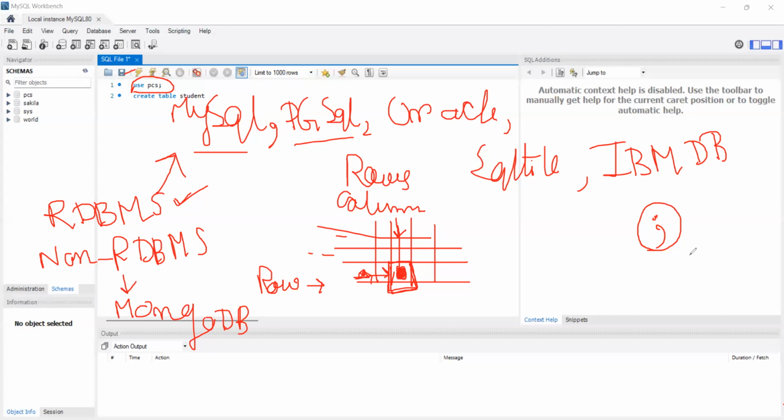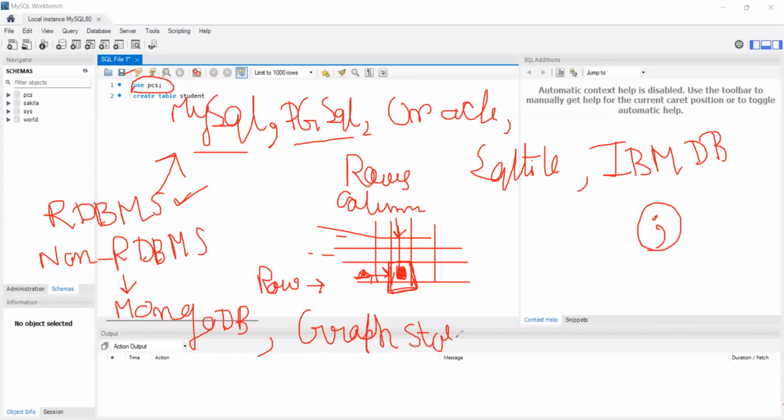And one more thing, not only MongoDB. Can you give another example, or one or two more non-relational databases? Big table, sir, yes. You can say that.